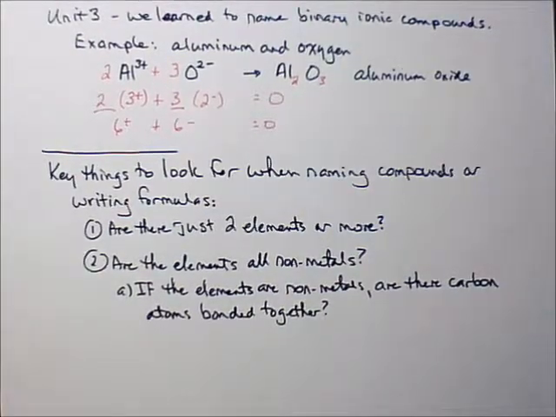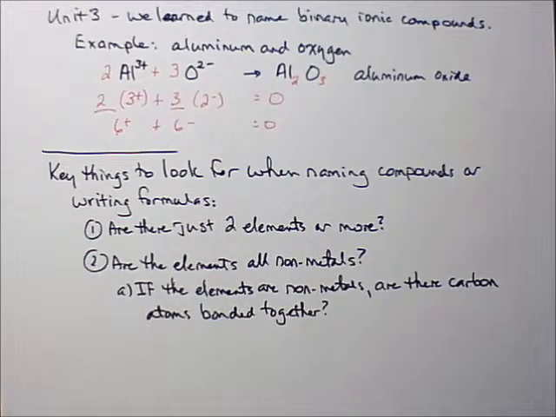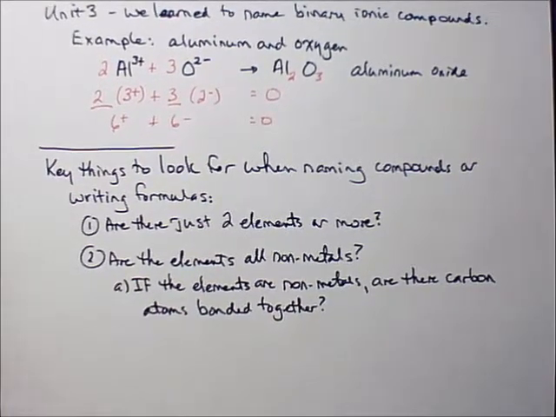Okay, so it's important to know if you've got all nonmetals, if I've got more than one carbon and that carbon's bonded to another carbon, we got something entirely different. It's called an organic compound. We name it differently than we do other nonmetal compounds.